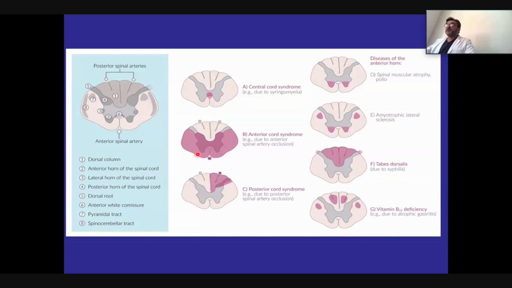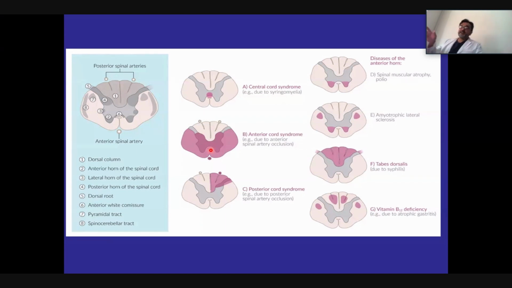Anterior cord syndrome, we said, is usually because of occlusion of the anterior spinal artery. So you usually see scenarios like, somebody has a thoracic aneurysm and there was a repair going on.